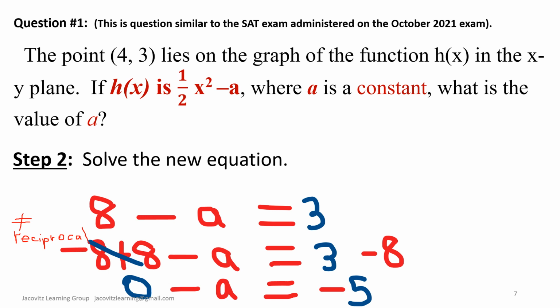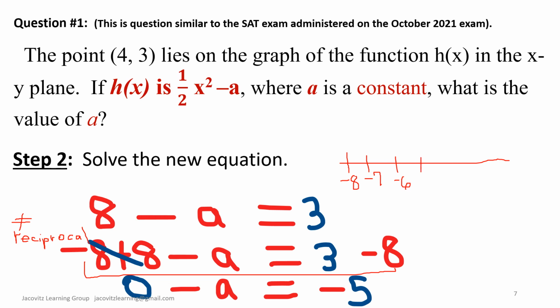And then this negative 8 has to come over to this side because you have to make your sides equal. Now, 3 minus 8, this is simple from the number line. If you get confused, you go over negative 8 over here, negative 7. A lot of people get the simple things confused and do the harder math, but please don't forget these simple little steps.